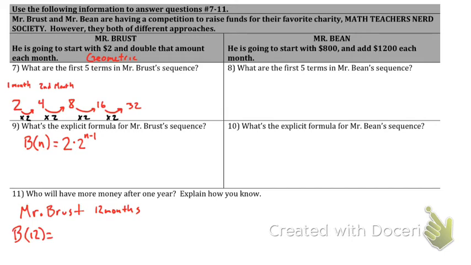So I'm going to plug in the number 12 here. And we're going to do this math. So it's going to be 2 times 2, 12 minus 1. Okay, so take out your trusty calculator now. And after 12 months, we get 2 times 2 to the 11th. So we're going to go 2 to the 11th power.